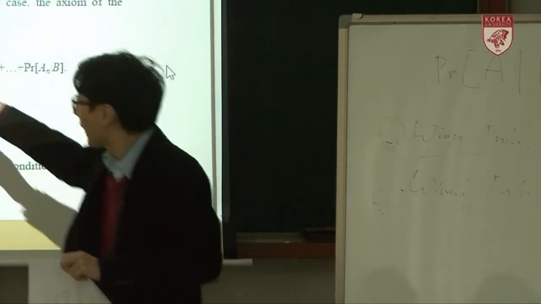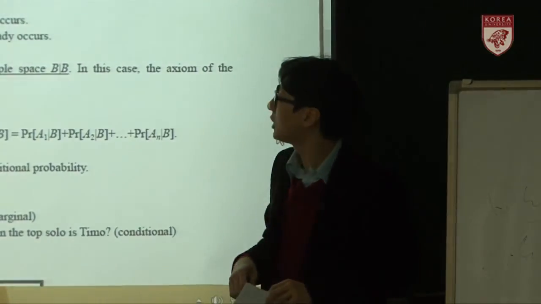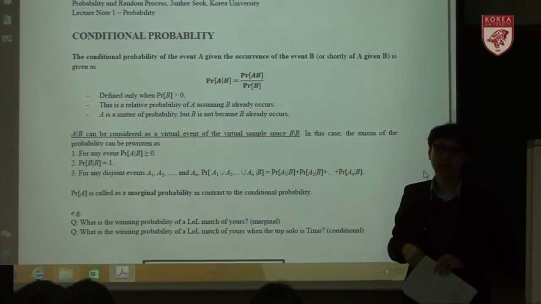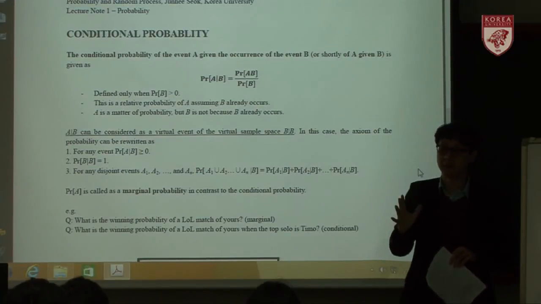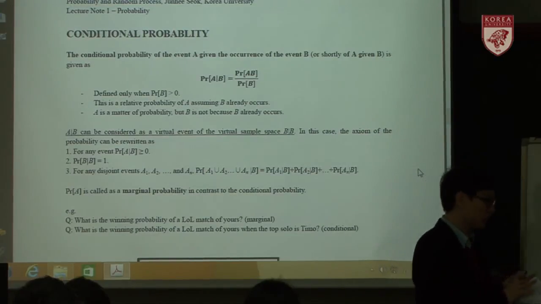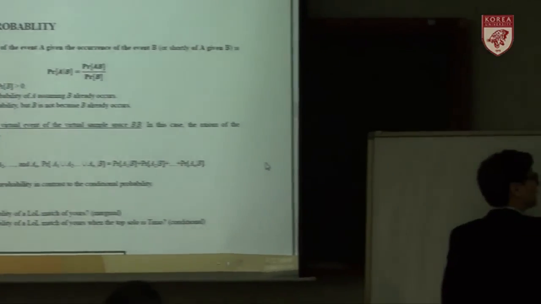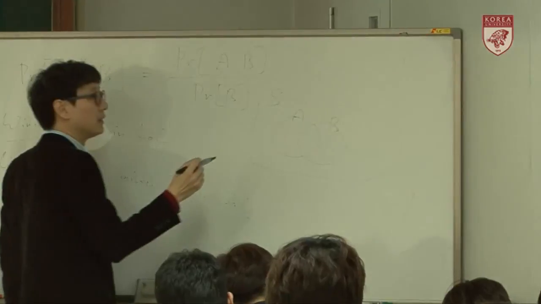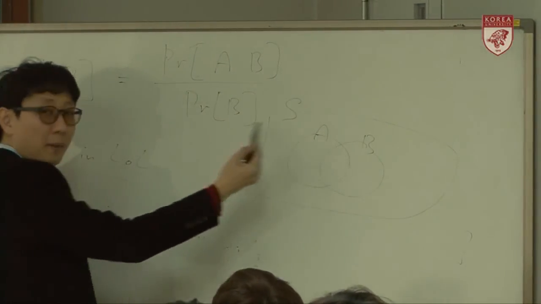So A given B, this conditional probability can be considered as the virtual event in the virtual sample space of B, because our whole sample space is B, because B has already happened. Okay, so in the diagram, originally there's S, there's A, and B. Usually this total S is my sample space, and this A is a probability.